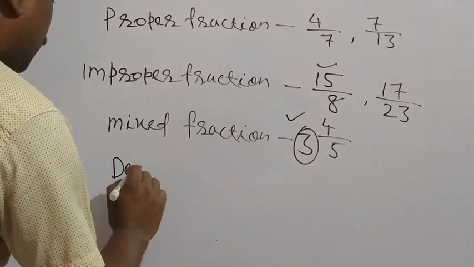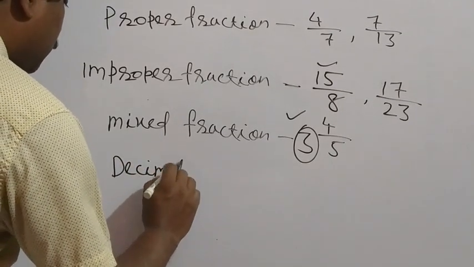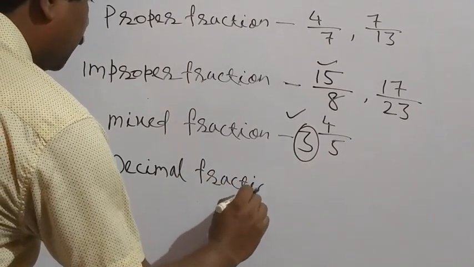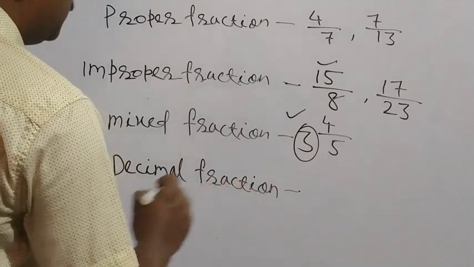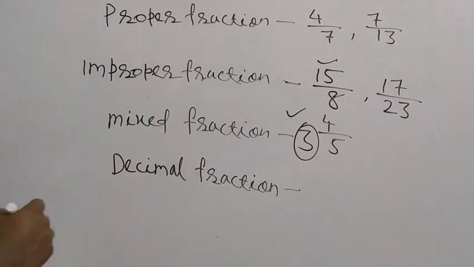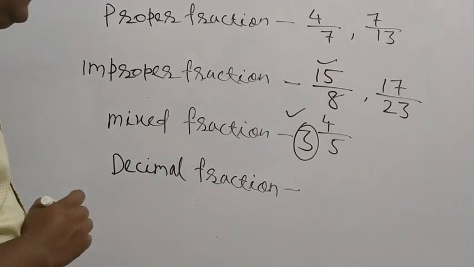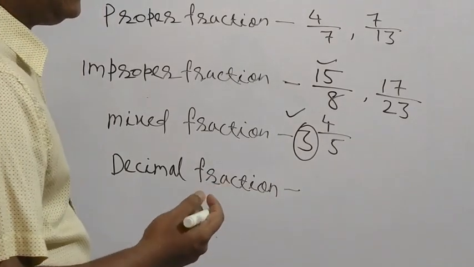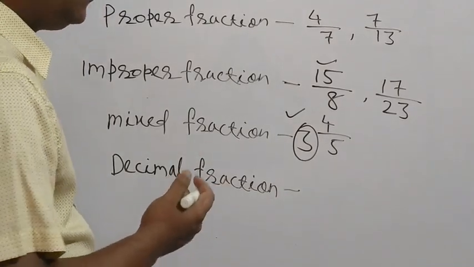What is decimal fraction? From the name you can understand that this fraction we can change easily into decimal form. In decimal fraction, the denominator is always in the power of 10, like 10, 100, 1000, 1 lakh.